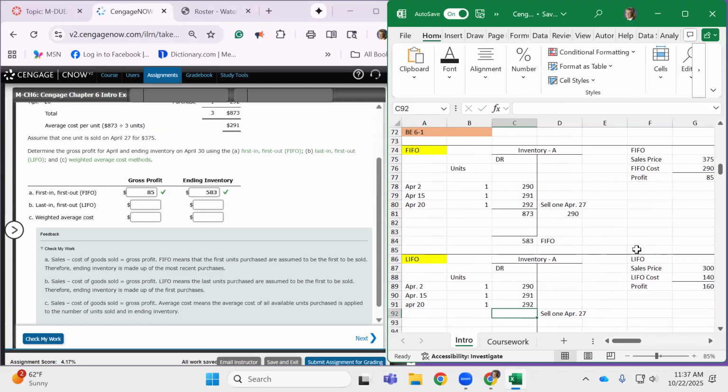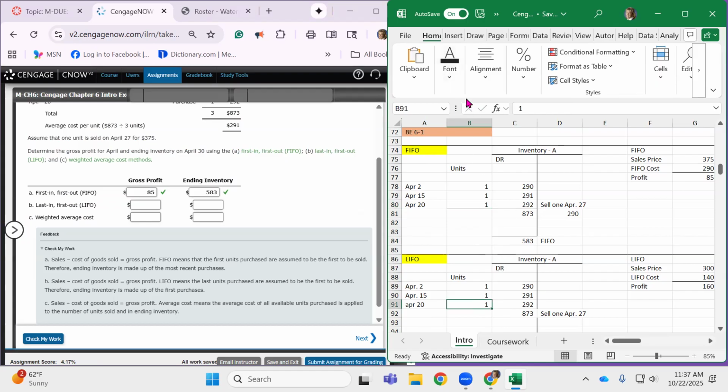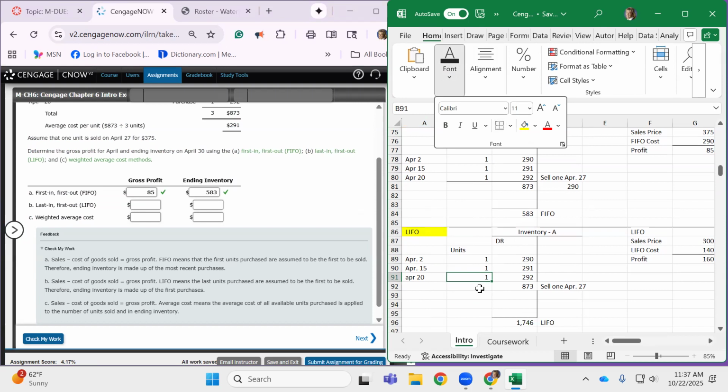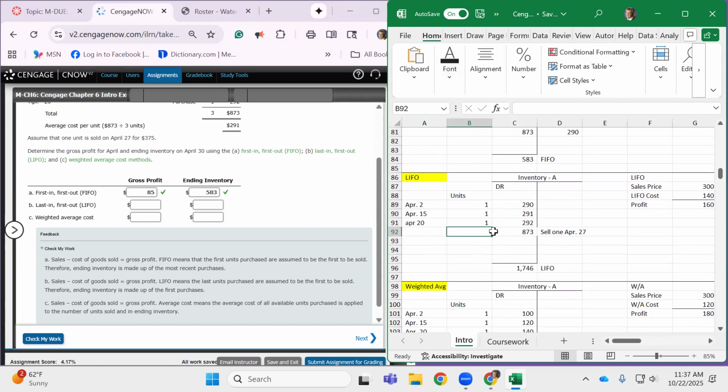And those add up to that same amount, right? $873 for 3 items. Each cost flow assumption will have the same number of units available and sold. So that's something that you can count on.